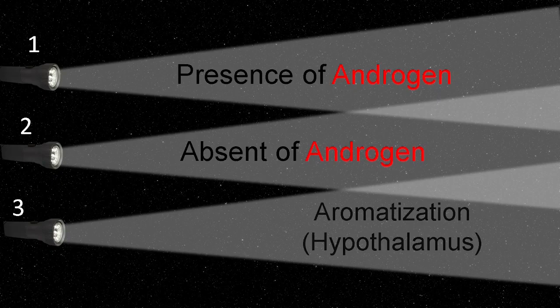If it is male, then aromatization must occur in the hypothalamus. If it is female, there will not be androgen, so aromatization doesn't occur, and the hypothalamus will automatically sense that the developing fetus is female. So these are the three important points for the development of the tubular system in male and female.